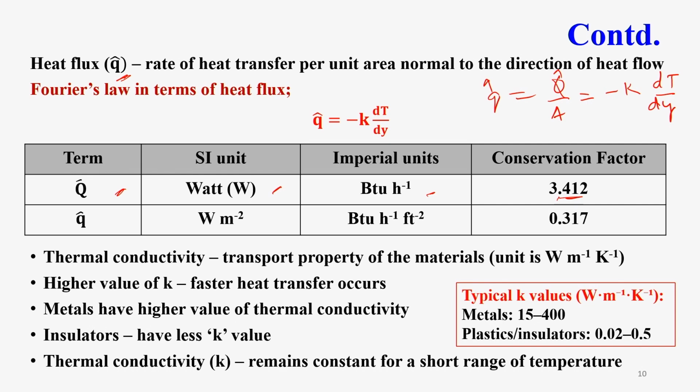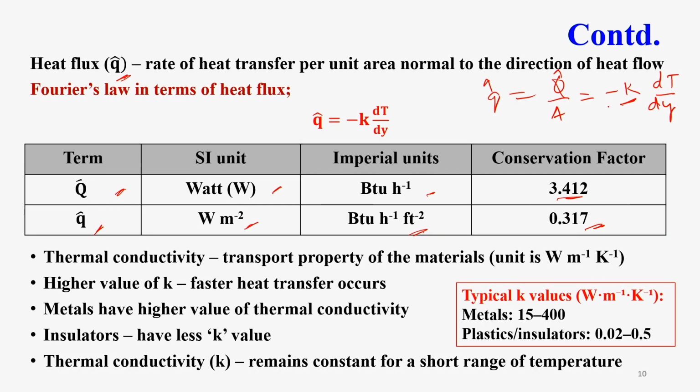This is the conversion factor: 1 watt equals 3.412 BTU per hour. For heat transfer per unit area, it becomes watt per meter square, and in imperial units BTU per feet square per hour, with a conversion factor of 0.317.